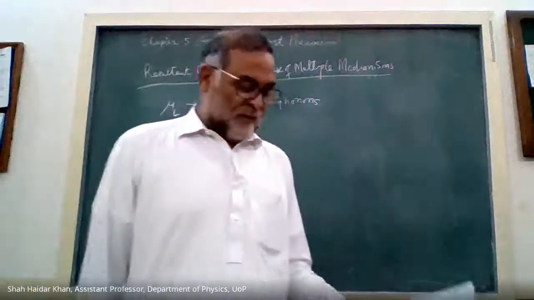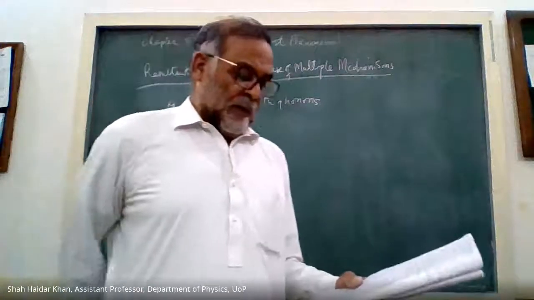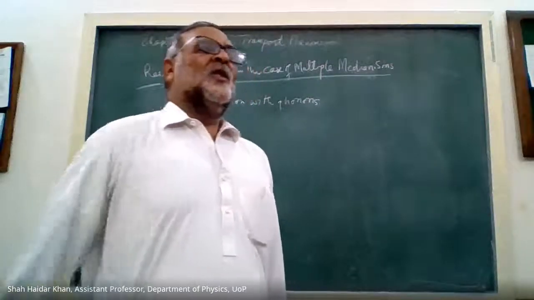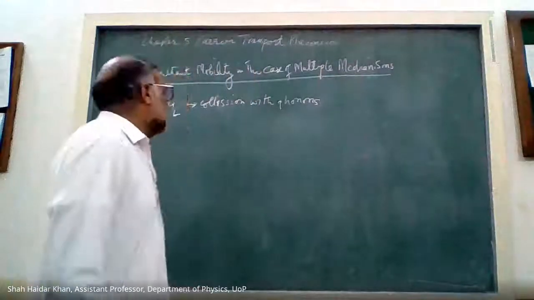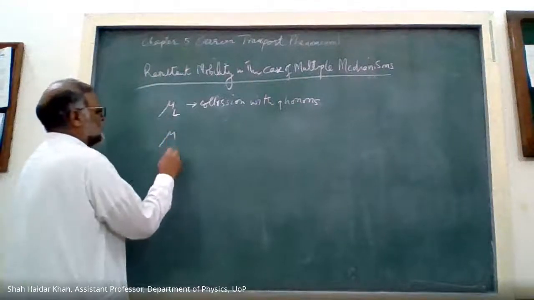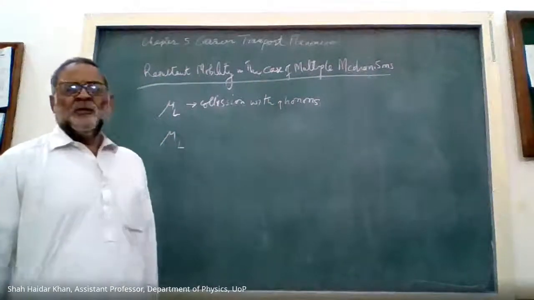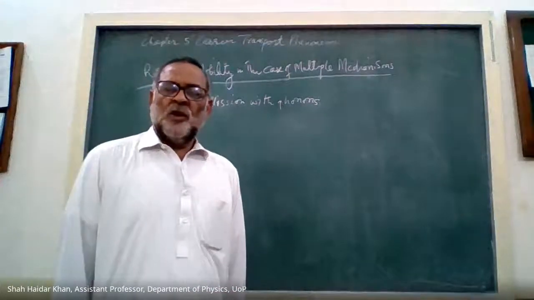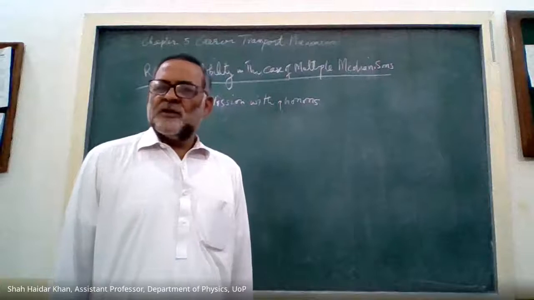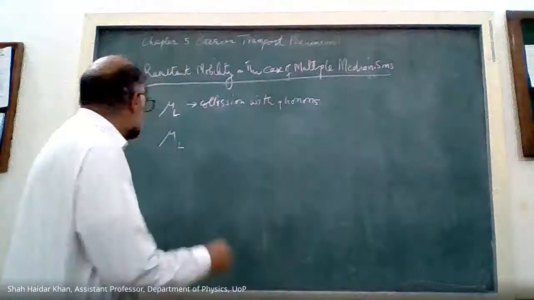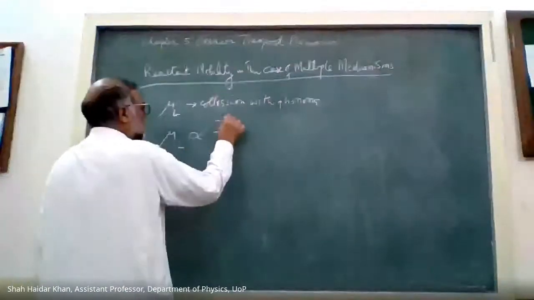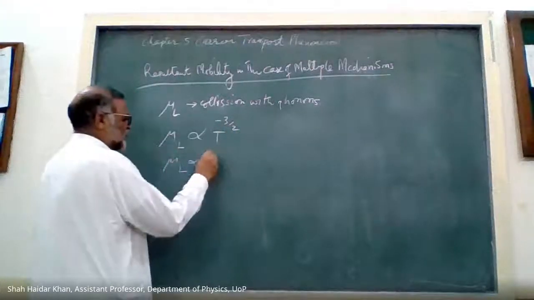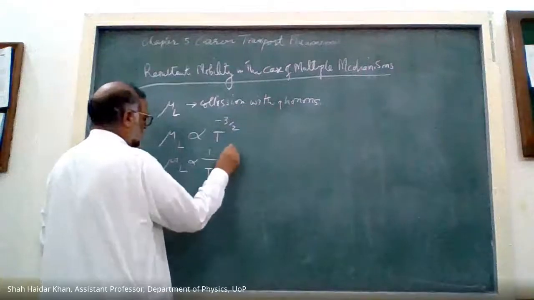Collision with phonons, right? From first order scattering theory, the lattice mobility, or the mobility influenced by collision with phonons, is proportional to T to the power minus 3 by 2. Or you can say mu L is proportional to 1 over T to the power 3 by 2.